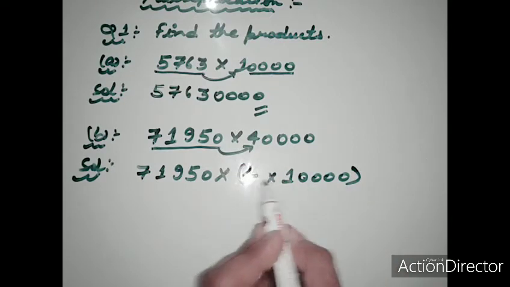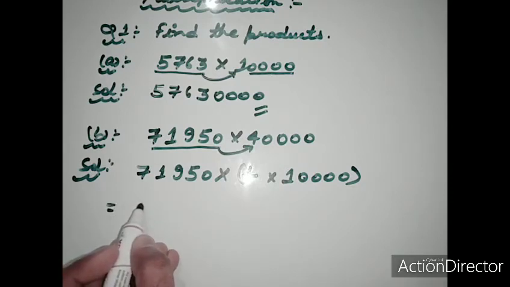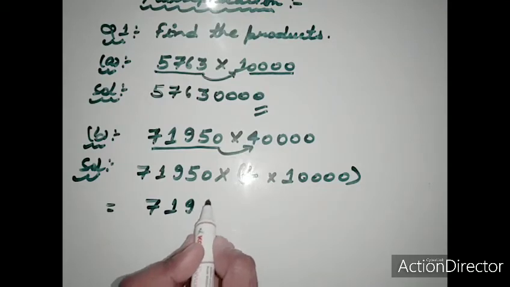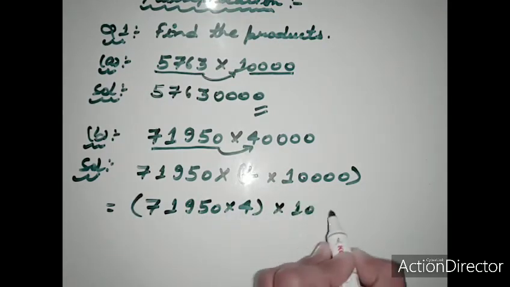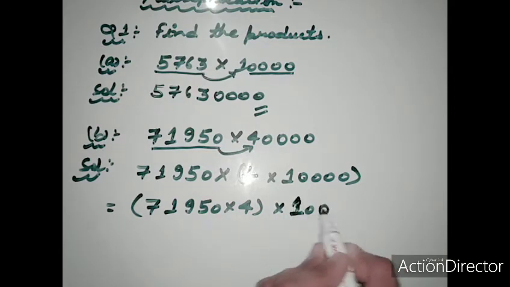And if we multiply these two numbers we get 40,000, right? So now here we multiply 71,950 with 4, and after that we multiply the product of these two numbers with 10,000.